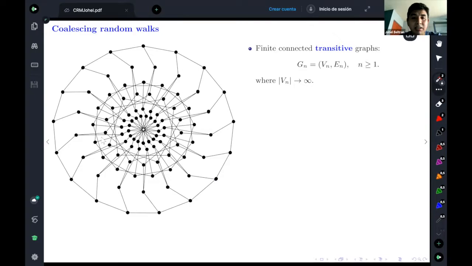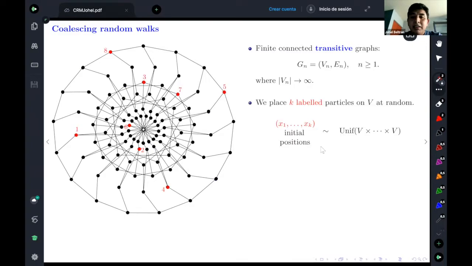In this example, we have a transitive graph where the degree of each vertex is 3. For our work, we consider a sequence of graphs that are growing, so the graph becomes larger and larger. Keep in mind that the graph is very large.